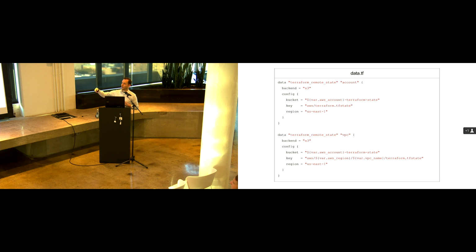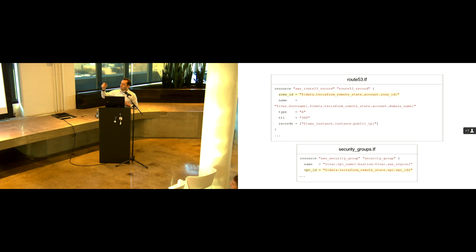Here we're going to pull down the zone ID that we created earlier, just by dynamically deconstructing our file path. So here's the example of using that zone ID. We reach out to our remote state location via that resource that we created in the previous slide and pull down the zone ID. We do the same thing with our security groups here.